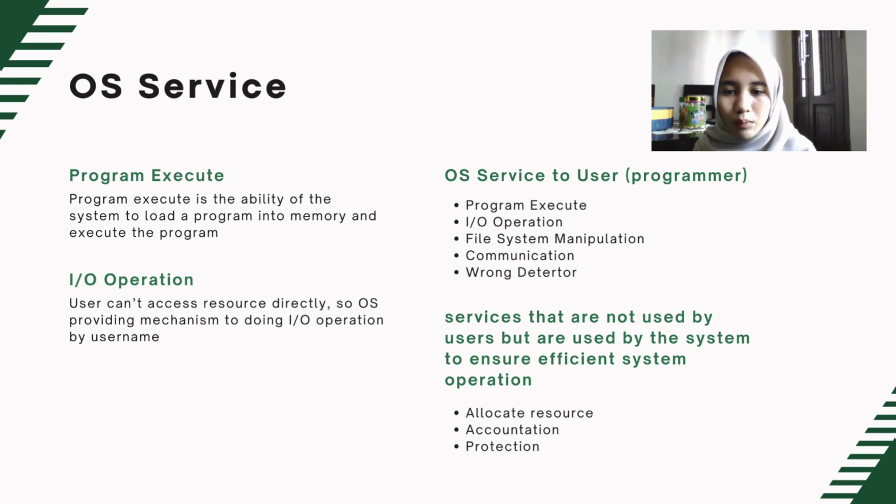Next is input or output operation. In this service, the user can access resources directly, and the operating system provides the mechanism for doing input or output operations for the user or programmer.